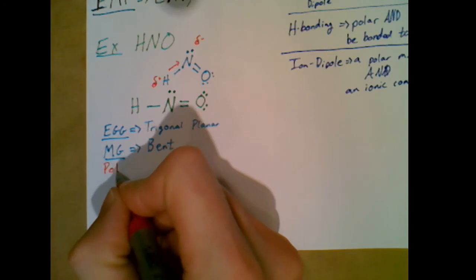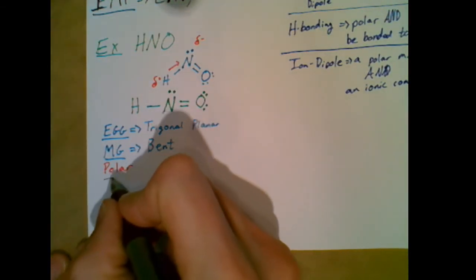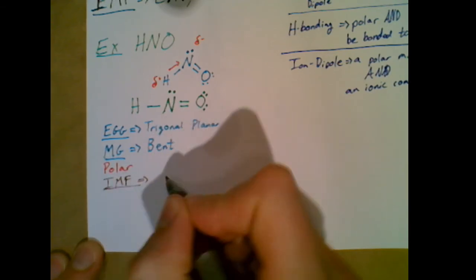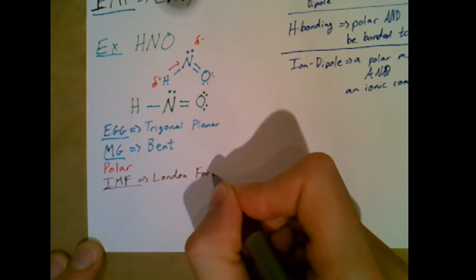This is polar. Which then leads us to be able to answer the final question of what are the intermolecular forces experienced by this molecule. Well, number one, we know London forces. Why? Because there are always London forces.